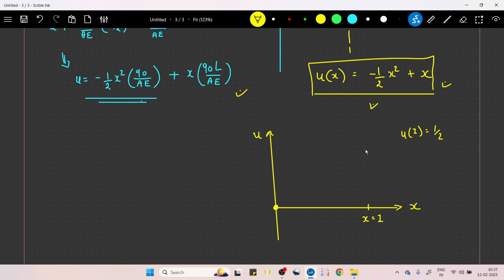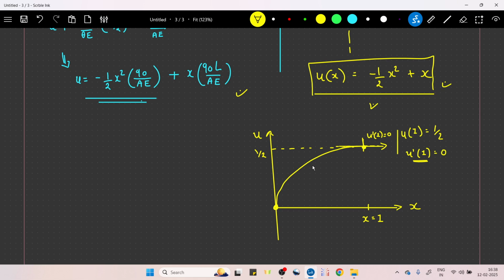So at x equal to 1, displacement is going to be 1 by 2. These are the two points I have got. The solution will be something like this, because u' at 1 equal to 0, that means the slope is 0 there.